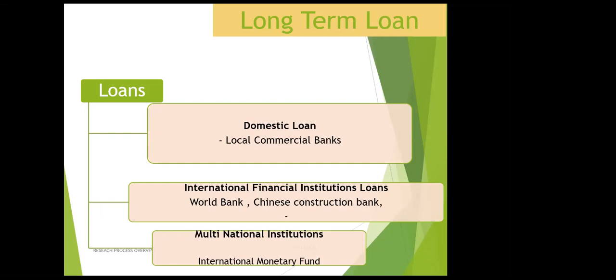Then on the international market as well, you can access loans from international financial institutions. A very good example is you can get Chinese construction loans from the Chinese Construction Bank. You also have the Chinese Agriculture Bank. You have the World Bank, etc. I decided to just put a few examples here.